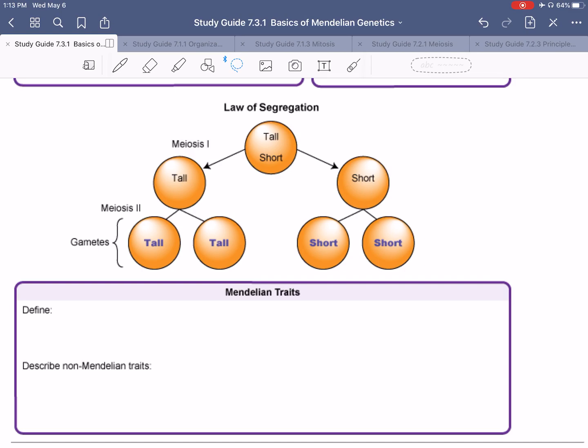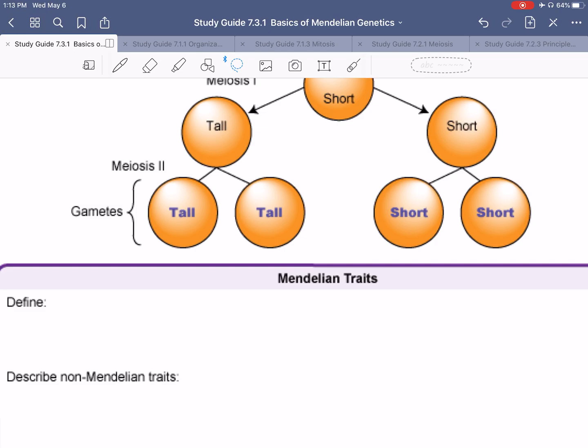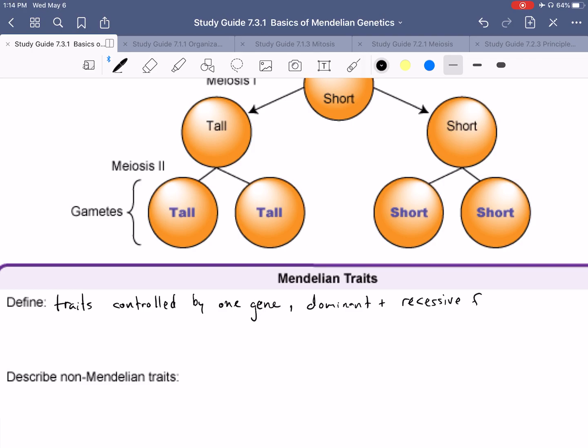So, Mendelian traits are traits that are controlled by one gene. They have a dominant and recessive form.